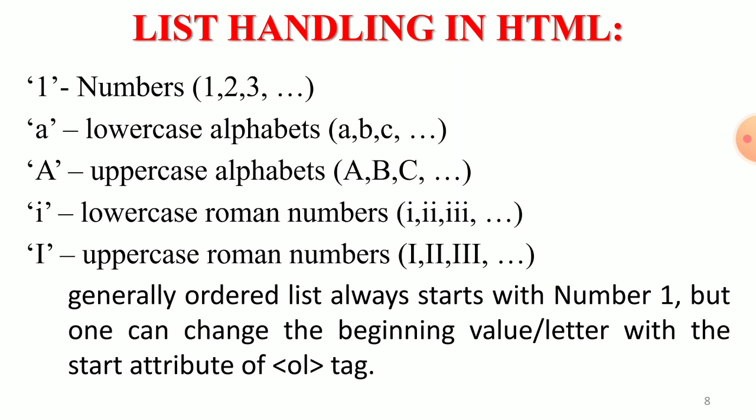That is the use of OL type equals to 1, A, small i, and capital I. That is the different use of OL type. Generally, an ordered list always starts with the number 1, but one can change the beginning value with the start attribute of the OL tag.